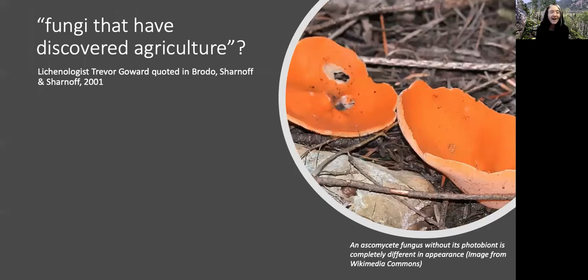Some have referred to lichen as fungi that have discovered agriculture. This is a quote from lichenologist Trevor Goward. Others have referred to lichen as Fred the fungus taking a lichen to Alice the algae. I think all of these oversimplify the relationships that we see in lichens.